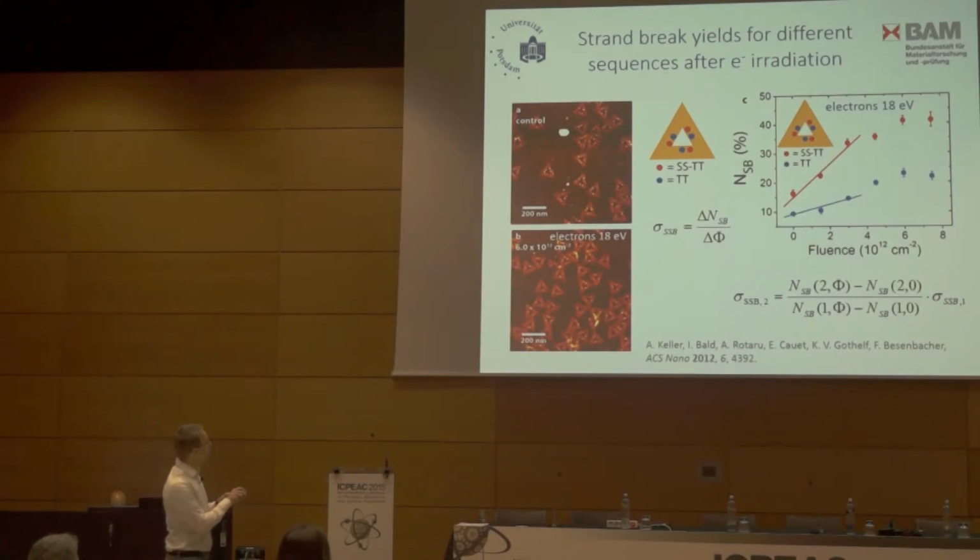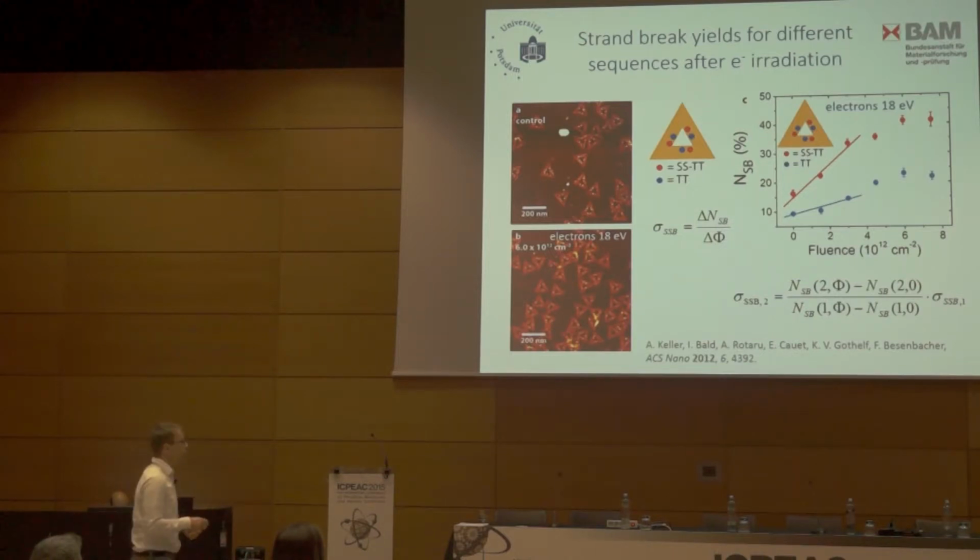Then we determine the relative number of these strand breaks as a function of the electron fluence. The number of strand breaks increases, and in the low fluence regime we can determine the slope from the linear fit and determine the cross-section for strand breakage. As you can see here, the two different sequences behave very differently.